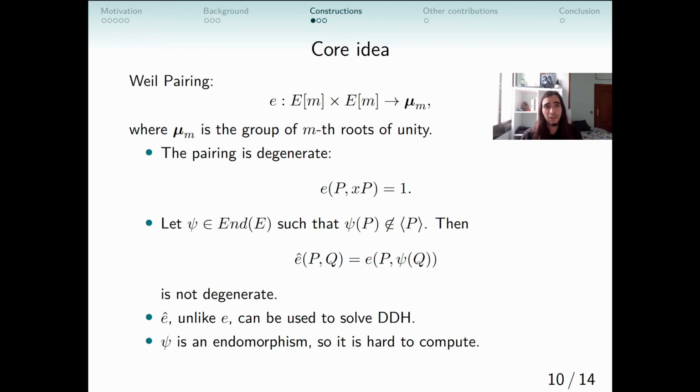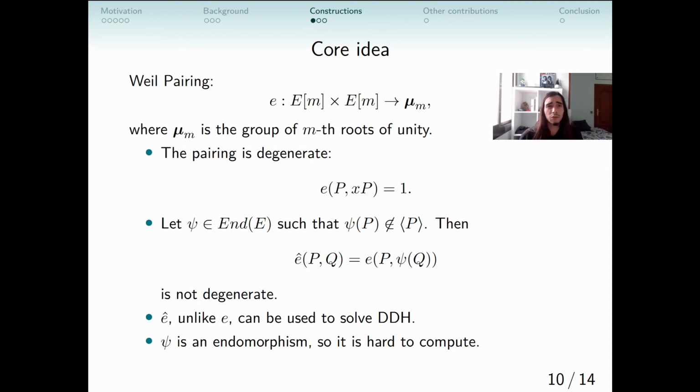So if you think about the case of trying to solve the decisional Diffie-Hellman problem, we were trying to compute the pairing of things that were collinear. So we're trying to compute on one side (aP, bP), and on the other side (cP, P). So the pairing is always going to give us one on both sides, regardless of whether c is ab or c is random. So this pairing is not helping us to solve DDH instances.